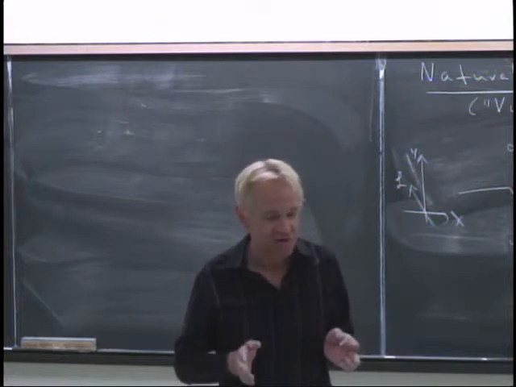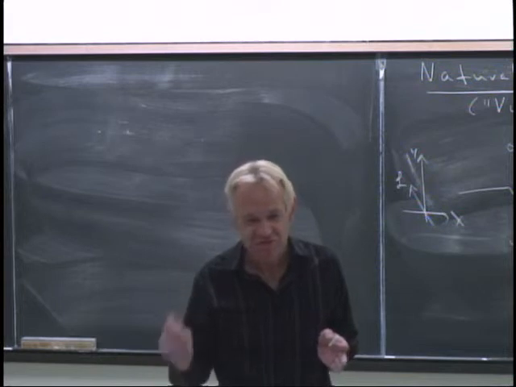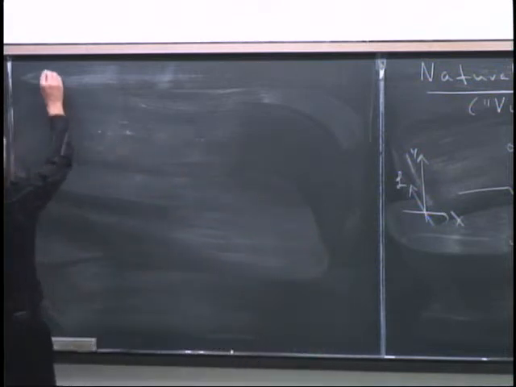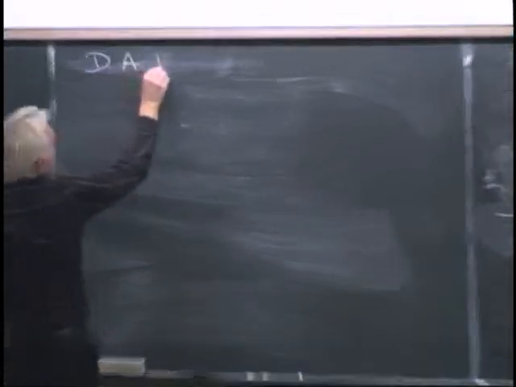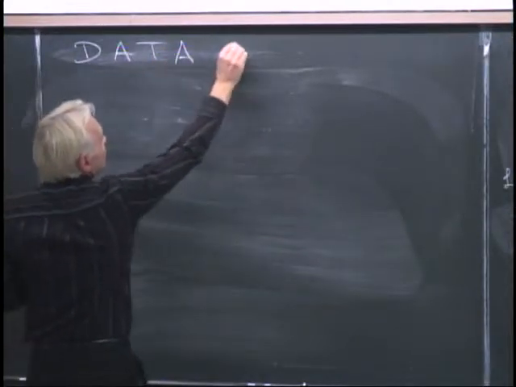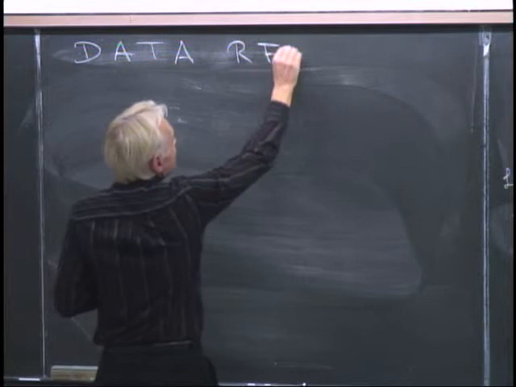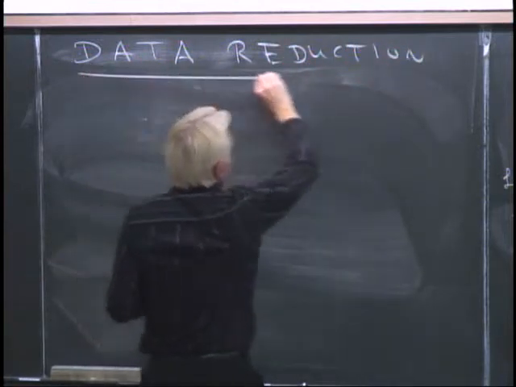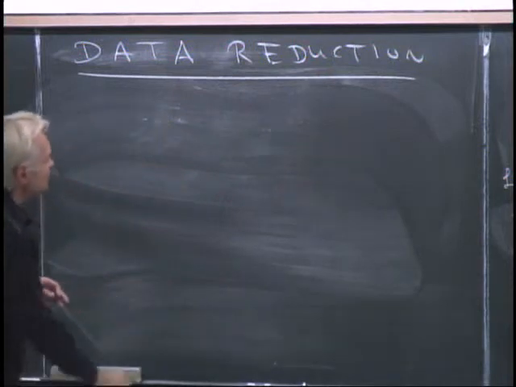Therefore, you need to worry about which of all these measurements to store and analyze. I just allude to the general problem, which we talk much more about, as data reduction. Data reduction will be a very important topic.